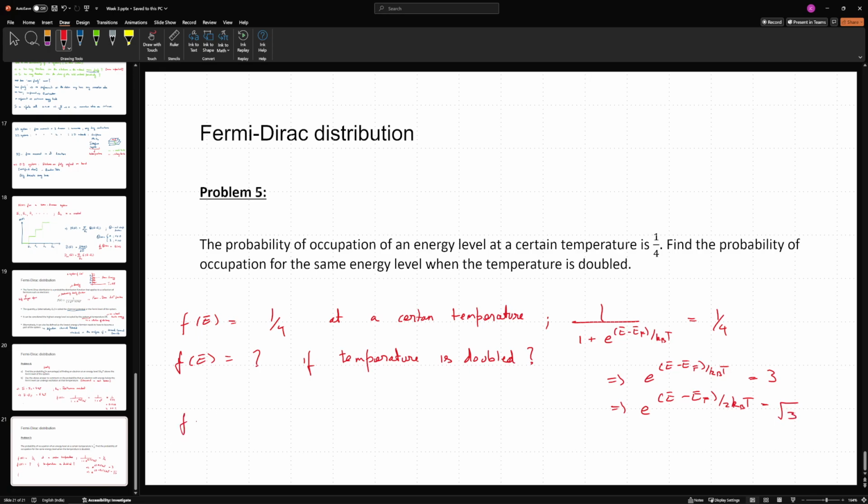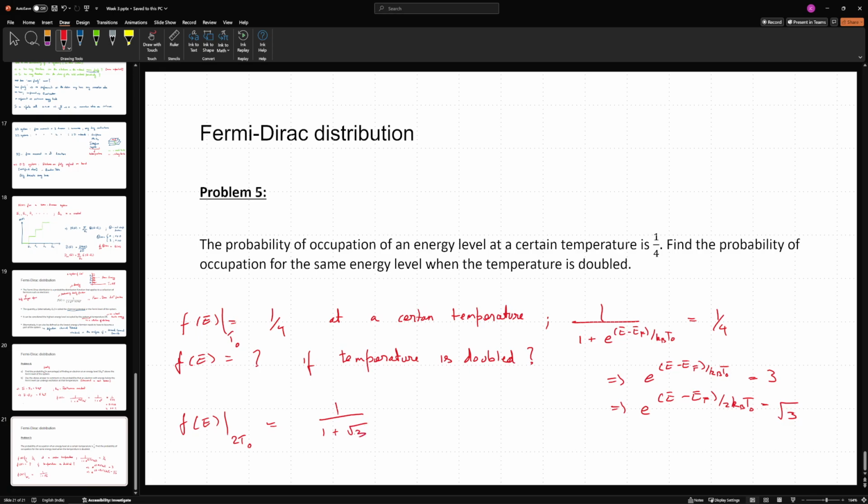Which implies f of E at 2 times the temperature, so let me say this is some temperature T naught, so this is at T naught, 2 T naught is just going to be 1 by 1 plus square root of 3.